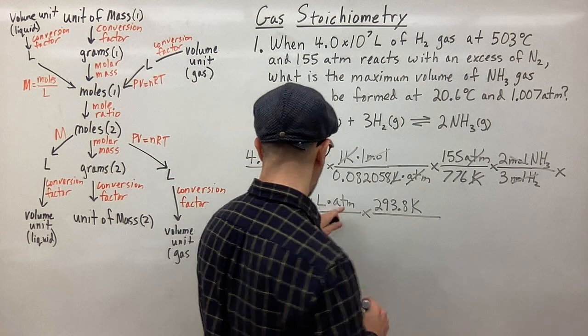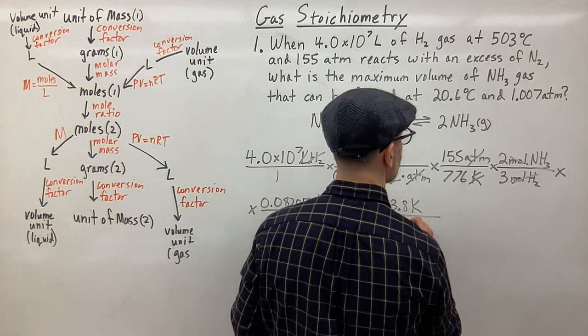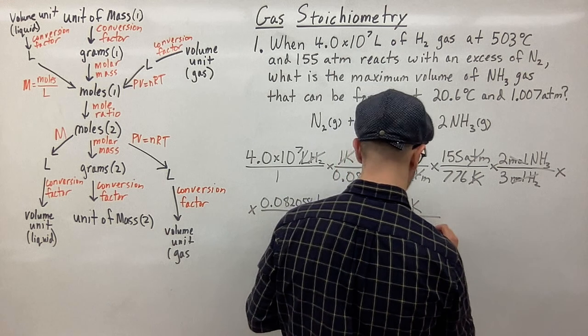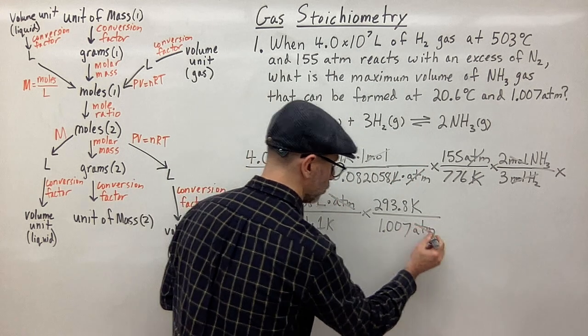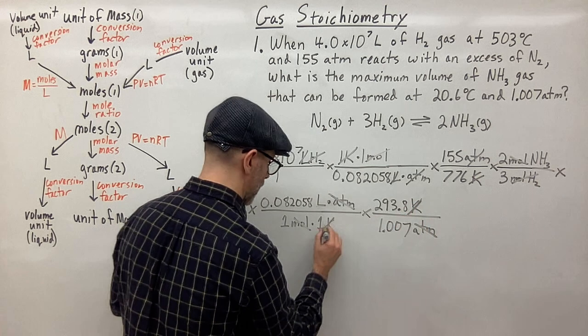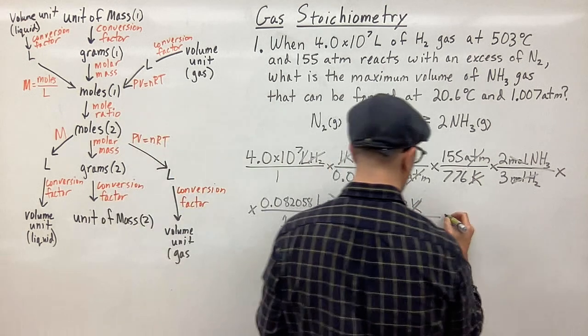And then on the bottom will be the atmospheres, 1.007 atmospheres. So atmospheres cancels out, Kelvin cancels out. And so now we have liters. That's what we want. So now we're done.